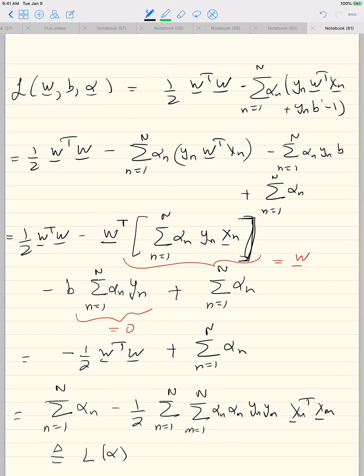Now to get the optimal solution, we want to maximize L of alpha, where alpha are the dual variables, subject to the fact that each alpha i is positive, as well as any constraints we got when we did the inner minimization.